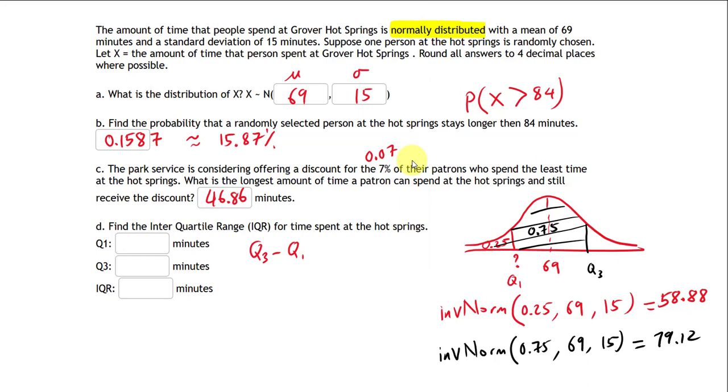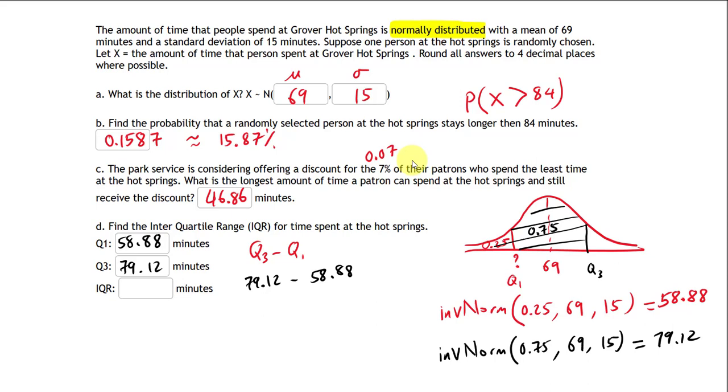So I have here Q1, 58.88, and Q3, 79.12. So for the IQR, we simply take Q3, 79.12, minus Q1, 58.88.